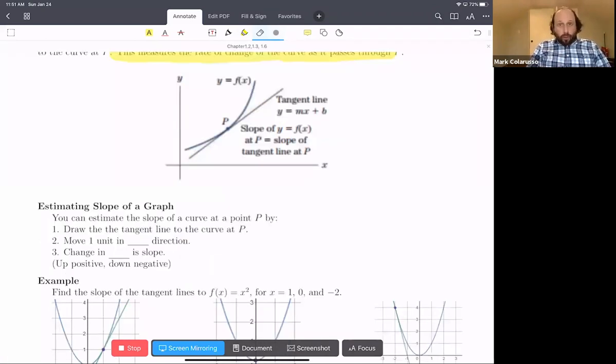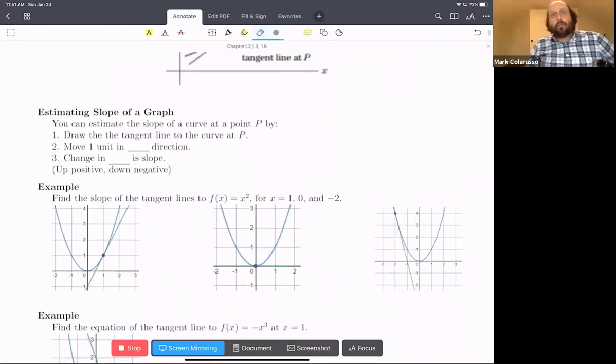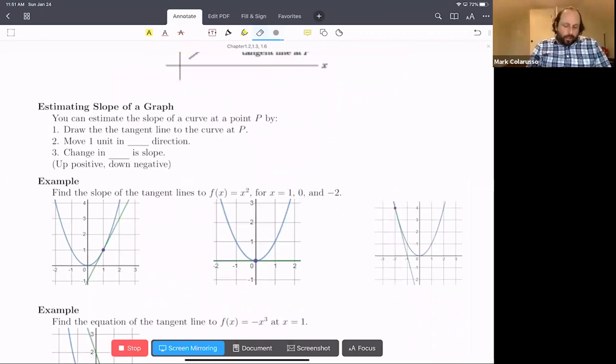Okay, so our first example, playing with this new idea, is to measure it from the graph. If you have a very precisely drawn tangent line and a very precisely drawn graph on a grid, you can measure the slope of this tangent line in an old-fashioned way. You can estimate the slope the following way.